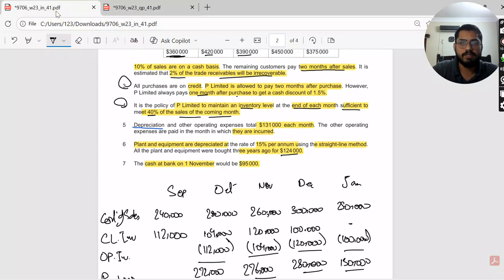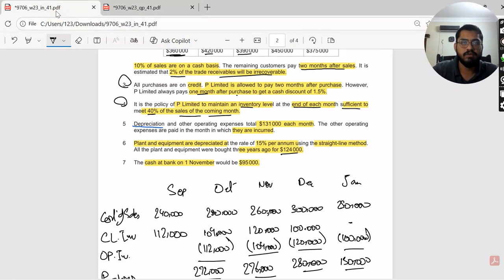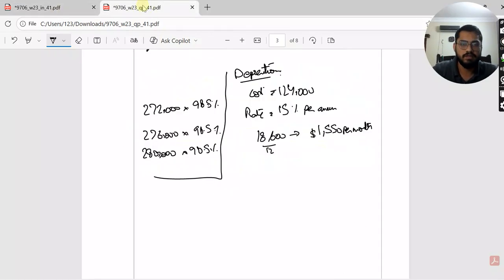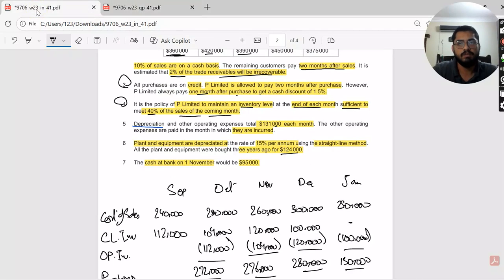About the total operating expenses, we have a total of $131,000 each month. So what we'll do over here is that we'll take 131,000 and we'll deduct 1,550 from this amount, because the total of depreciation and operating expenses is $131,000.